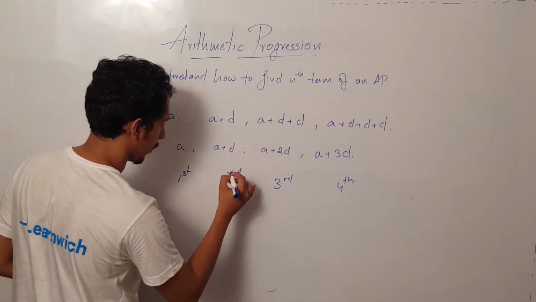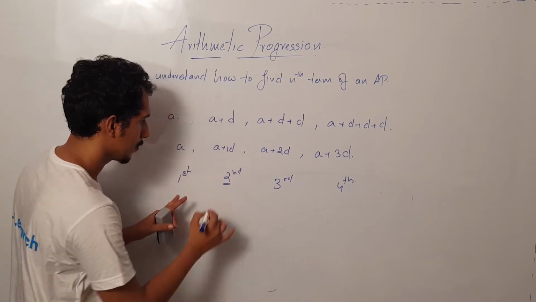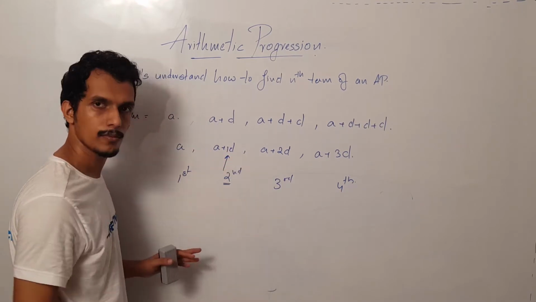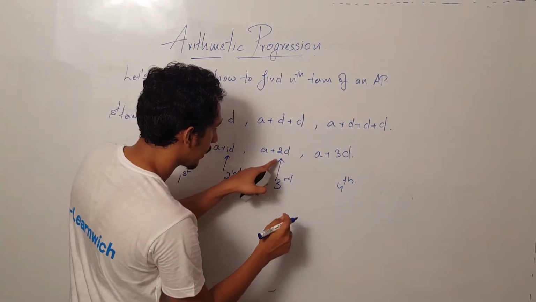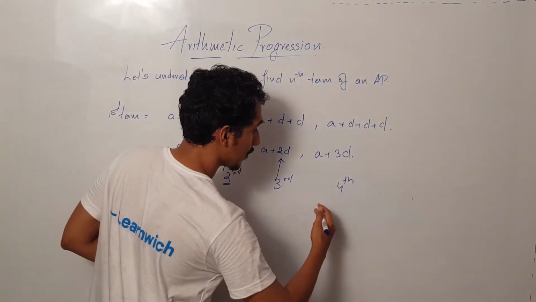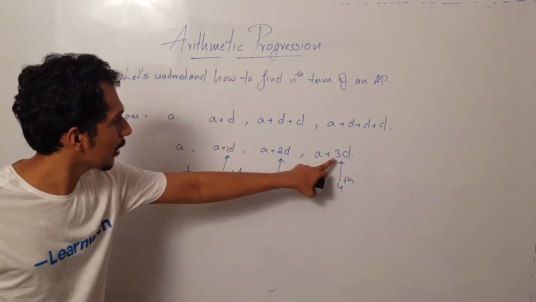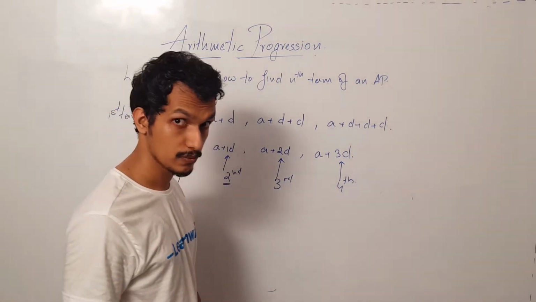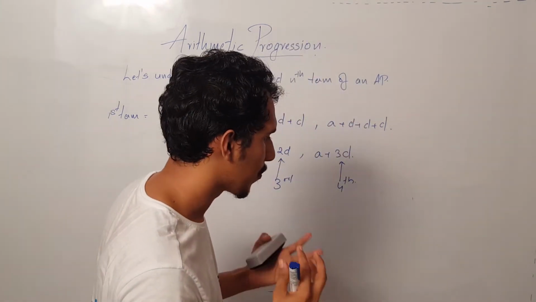This number is 2 and here it is 1, so it is 1 less than 2. This is 3, this is 1 less than 3. 3 minus 1 is 2. Third term is A plus 2D. This is the fourth term, which is written as A plus 3D. This 3 is 1 less than 4. I'm just trying to form a pattern, a rule here.